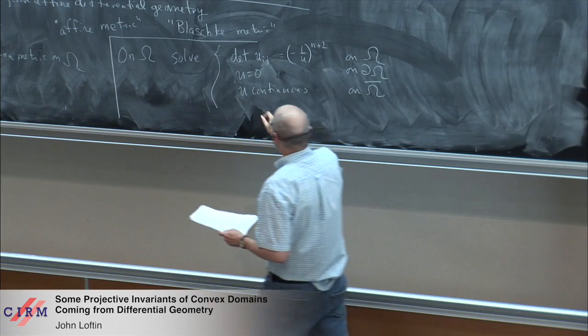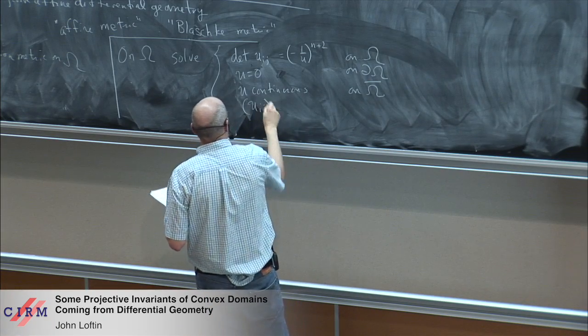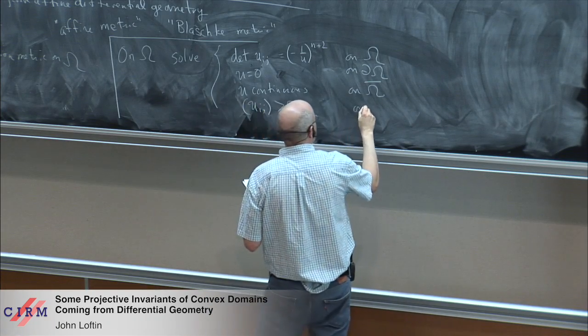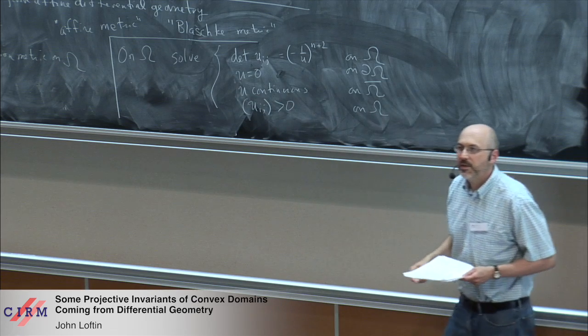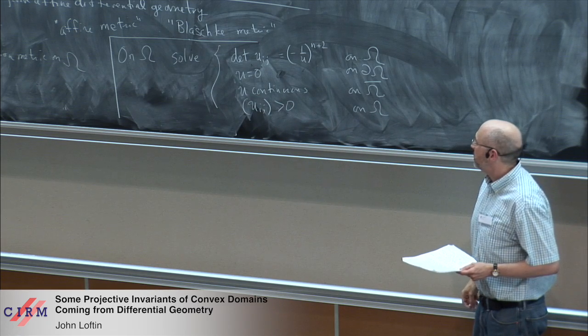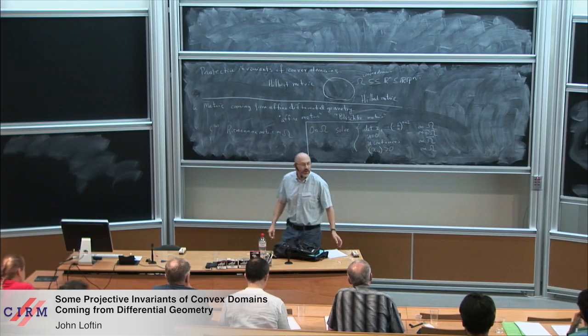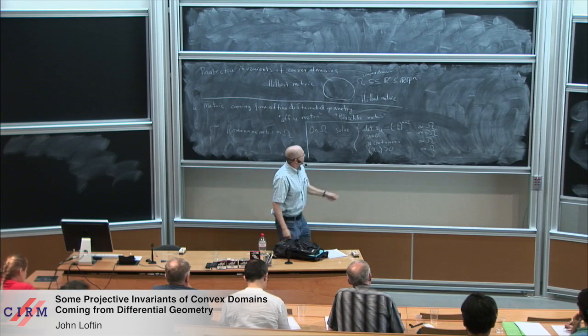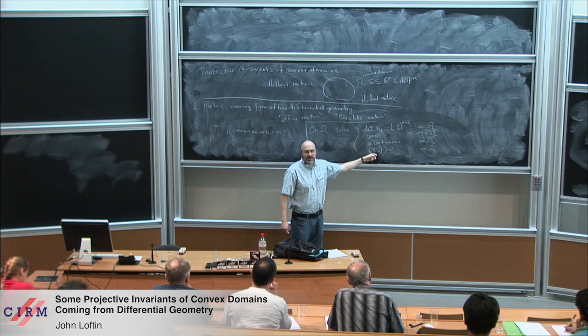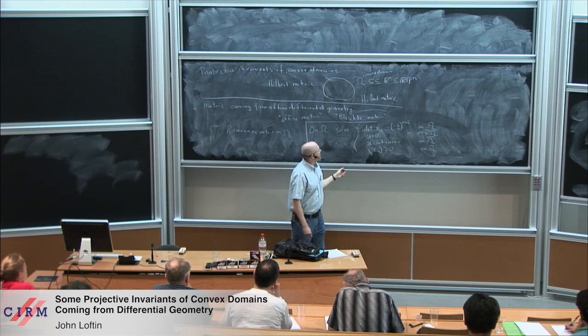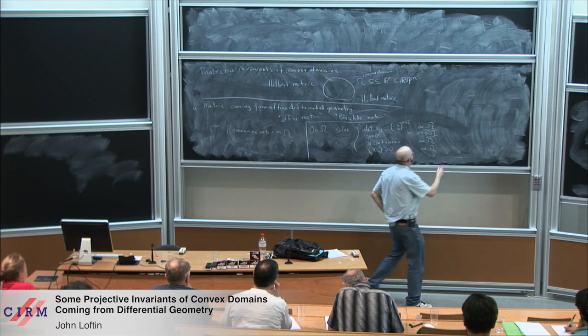Also, for the sort of analysis I'm going to be talking about, we really need this equation to be elliptic, or else you can't really start. So the condition is that u is convex.